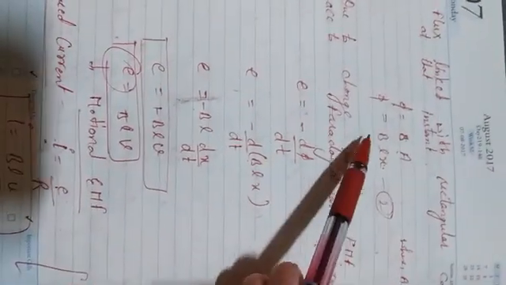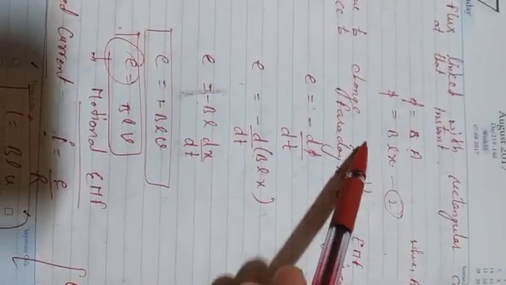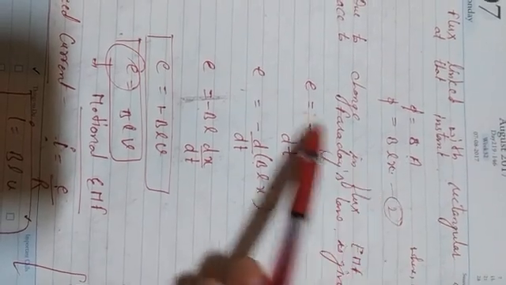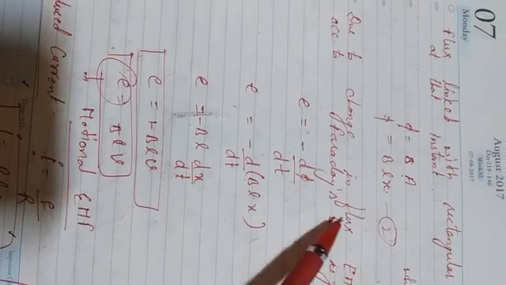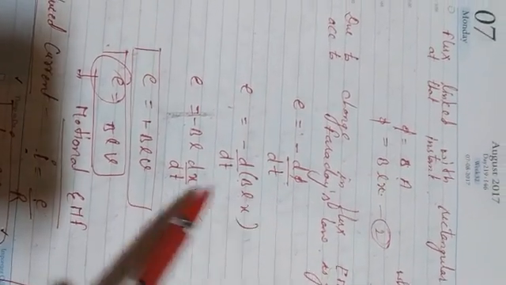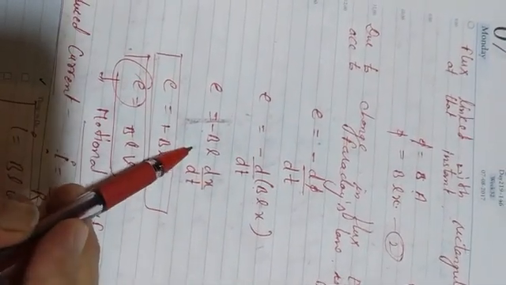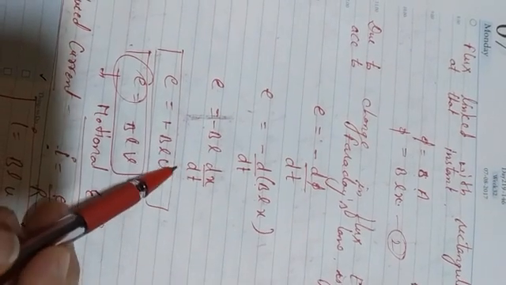So first we take the area, L into X. Then after the area, we find the flux, BA. Then put the value of area Lx, then EMF by Faraday's second law is minus d phi by dt. From here we can write minus BL dx by dt.